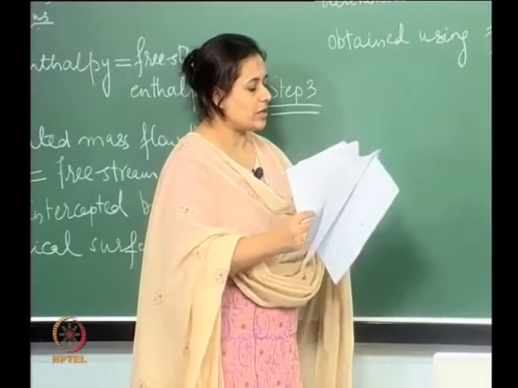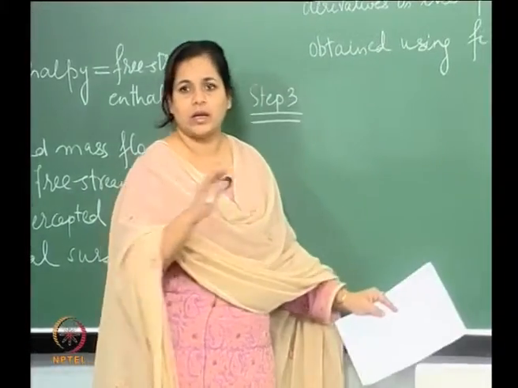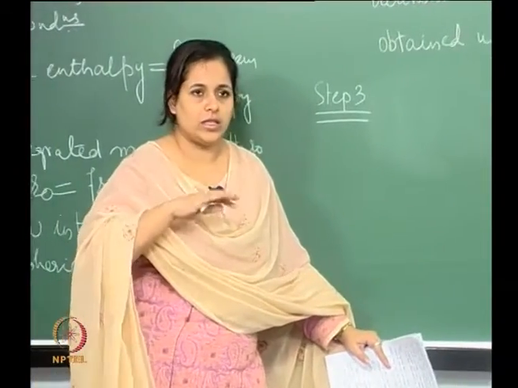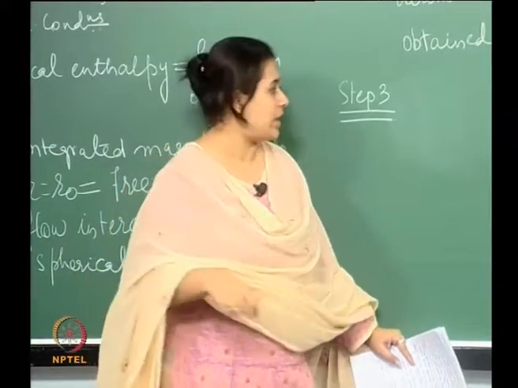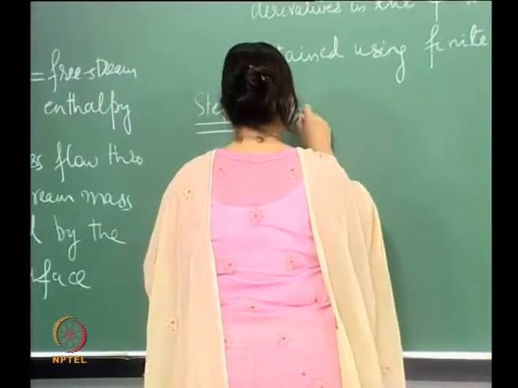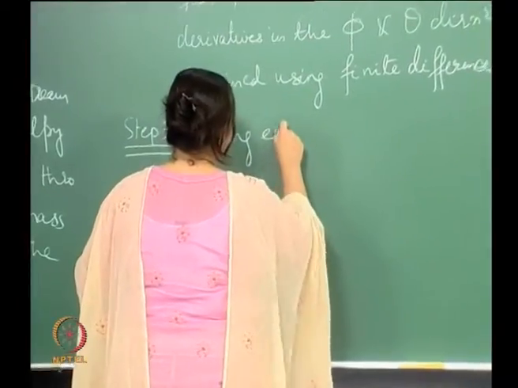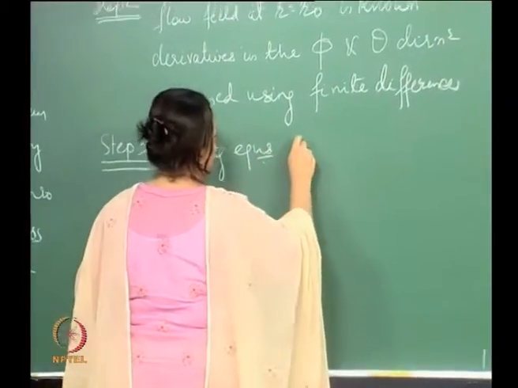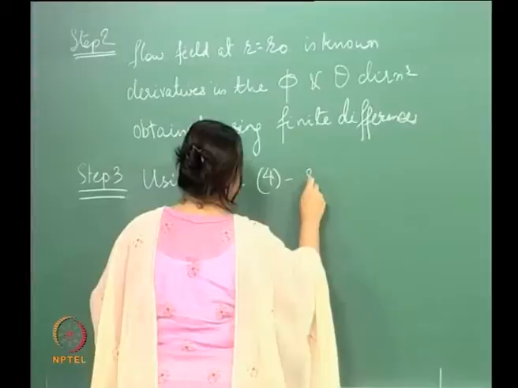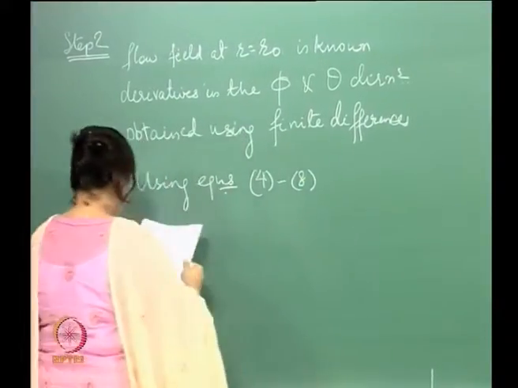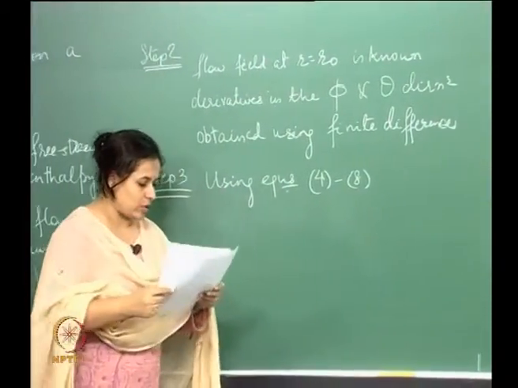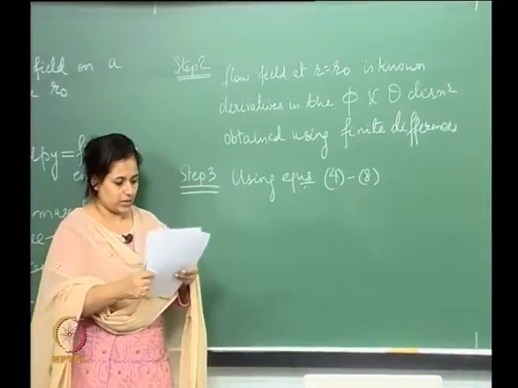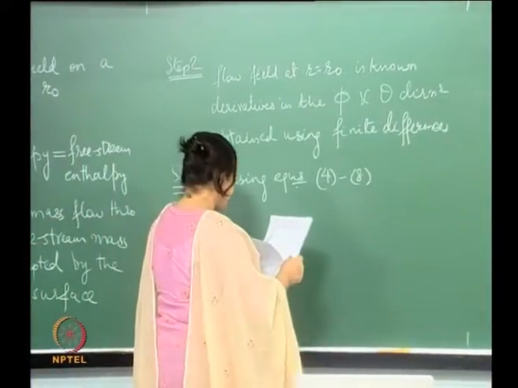So 4 to 8 contains all our equations, the energy, momentum and continuity. Using the equations which we derived yesterday, if you look at those equations, they give us these.